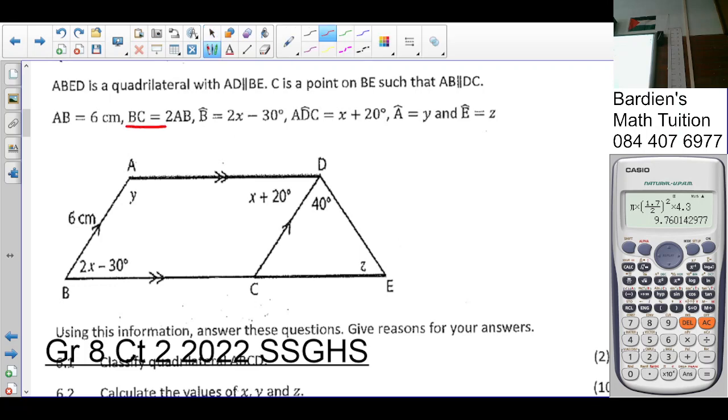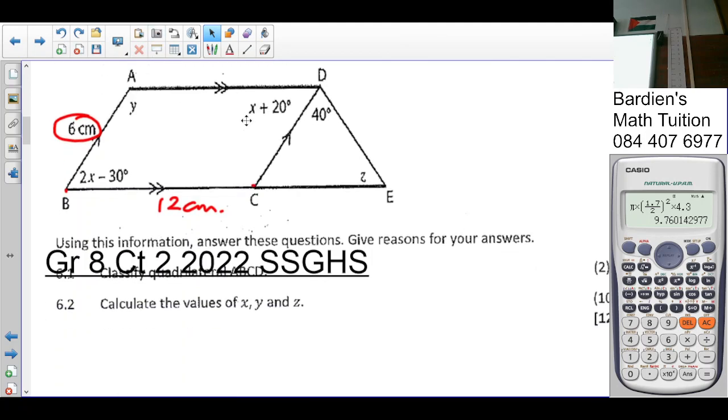So that's vital there, that BC is double AB. And what is AB? 6. So which makes BC 12. Not so? Then we are told that angle B is 2x minus 30. Angle ADC is x plus 20, and angle A is y. Angle E is z.